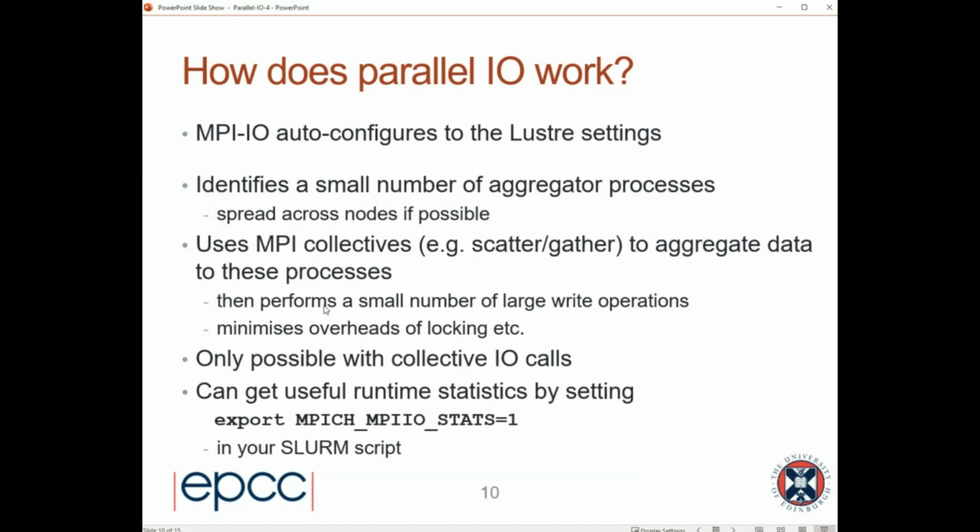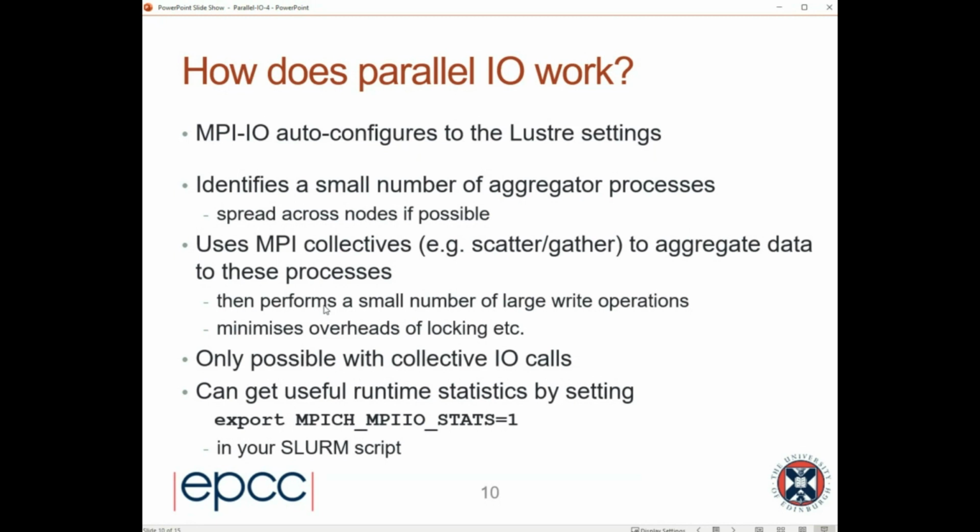MPI-IO thinks the optimal thing to do is to allocate one process to write to each stripe. It will gather all the data to be written to a particular OST to a particular aggregator process, and it will write it. So processes are not writing to the same OST, which minimizes contention.